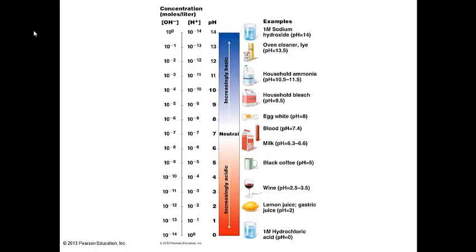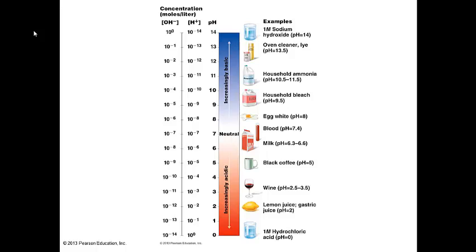So on this chart, the number that represents pH is defined as the concentration of what? Hydrogen ions in solution. That number, pH, is the concentration of hydrogen ions in solution.